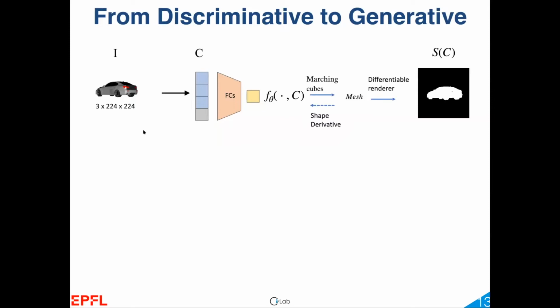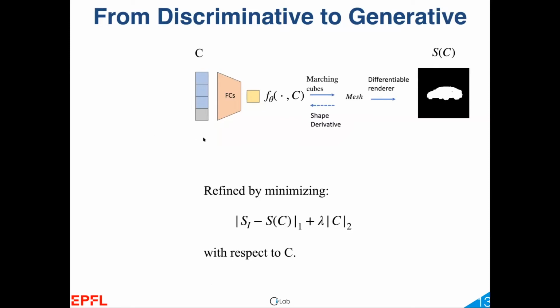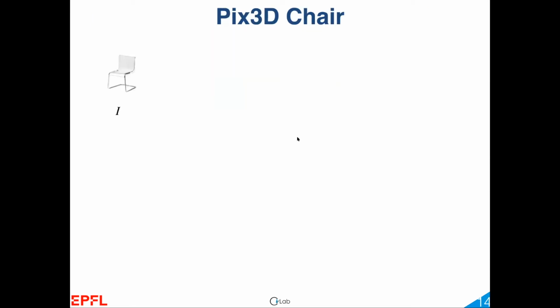And once we've done that, we can use this as a generative model, which means we have a code, we crank it through the decoder that will render an image, and we can then optimize on C so that the image that's produced is as close as possible to a target image, meaning that we have properly reconstructed in 3D. So here's an example.